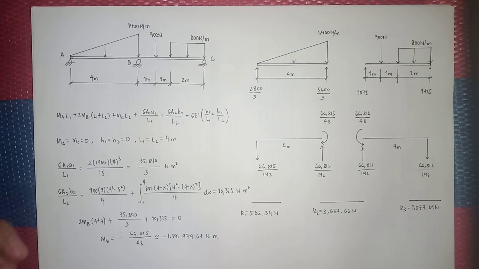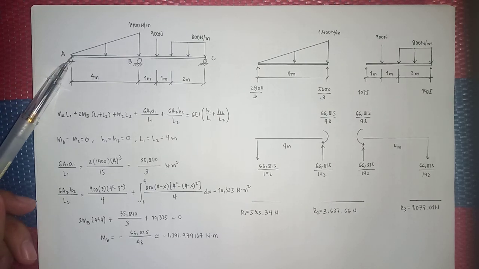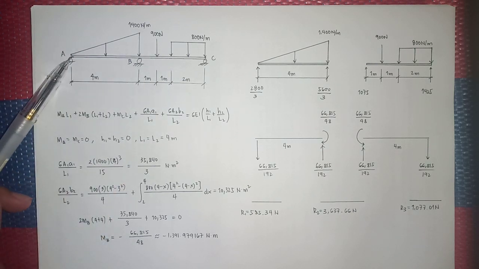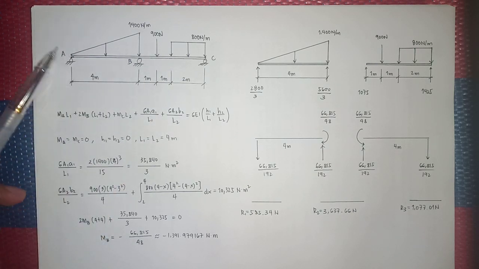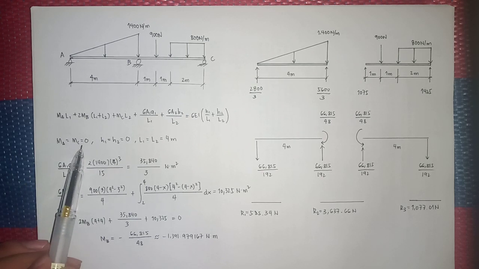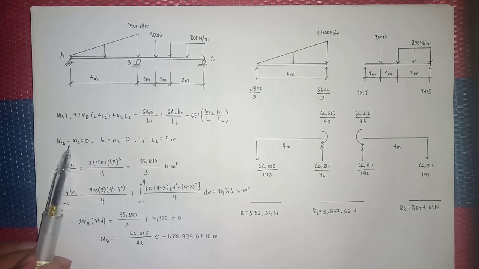Okay. So, as we all know, dahil nga hinge and roller to, yan yung isa ng ating moment diagram, no? Kung mag-drawing tayo ng moment diagram, definitely the moments at A and C are equal to 0 unless there is an applied moment there. Yun yung magiging value ng moments sa points A and C. That's why I indicated here MA and MC both equal to 0.